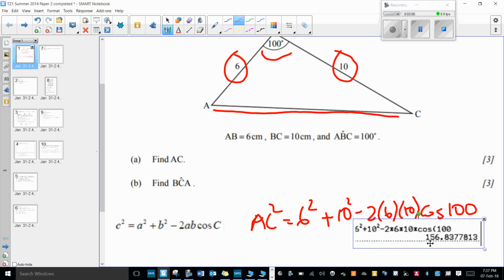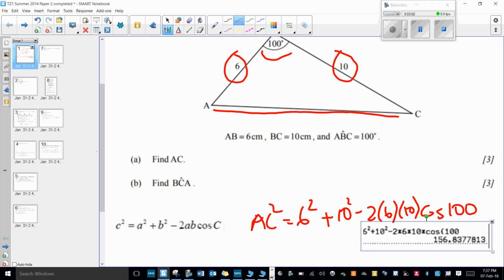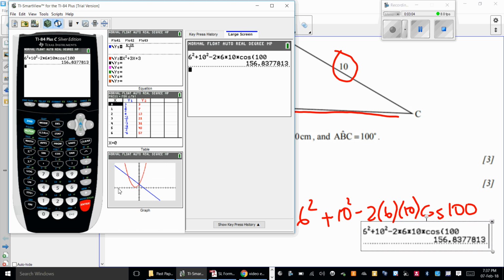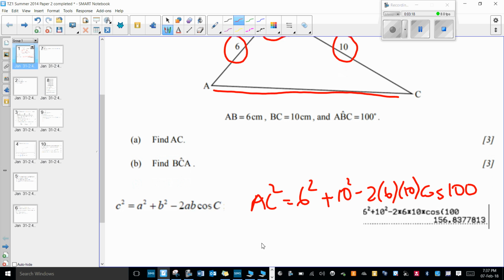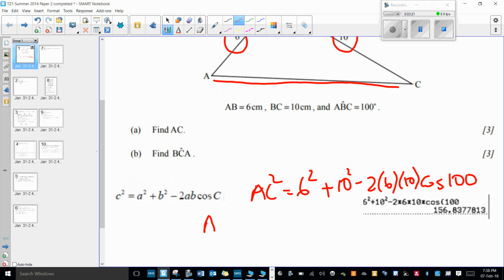Okay, and then we are going to square root that number, which gives us 12.5 to 3 figures. 12.5 centimeters.